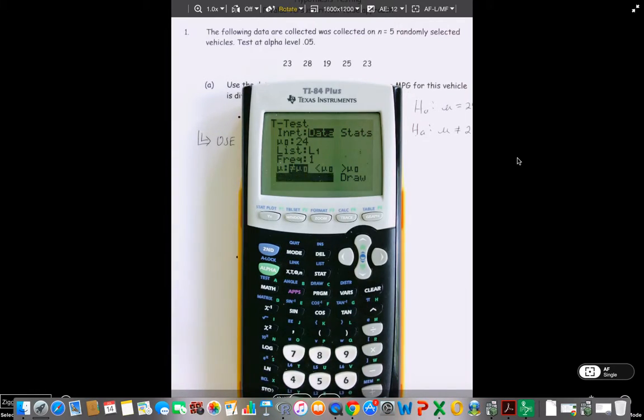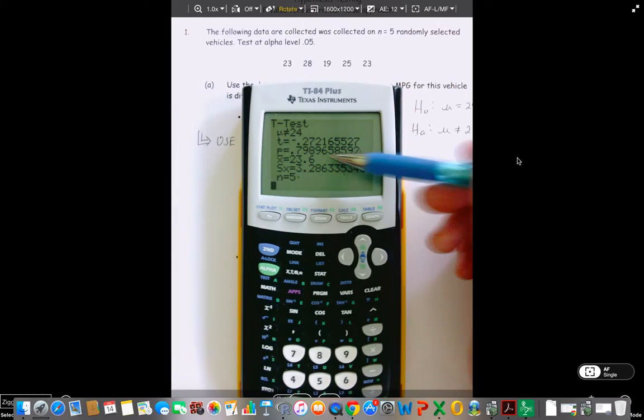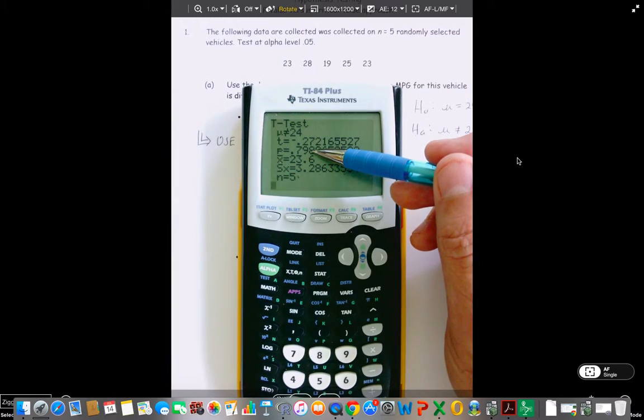Now guys, when I hit calculate for the p-value approach, what do I have tunnel vision on? My p-value. Is it bigger than 0.05? Is it less than 0.05? And guys, my p-value is right at 0.80.